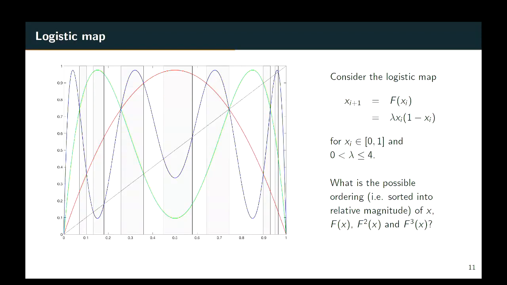So if I look at x_t as 0.3, then x_t is less than x_(t+2), which is less than x_(t+1), which is less than x_(t+3). See what I'm doing? The order in which the points occur changes in each of those regions. So here, the green one, x_(t+2), is less than x_t, which is less than x_(t+1), less than x_(t+3).